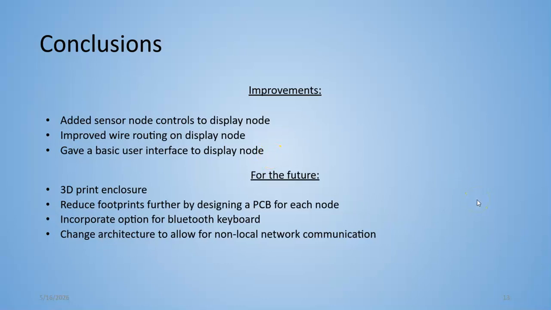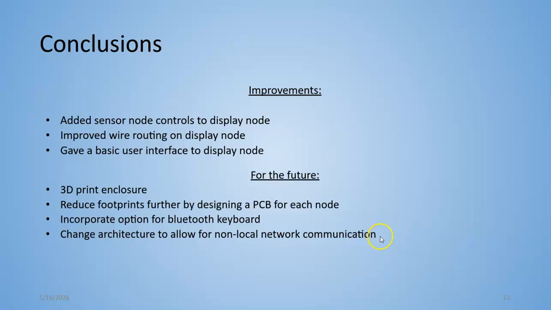Now for the future, for I or somebody else possibly improving this design, a 3D printed enclosure could be created. We could reduce the footprints further by designing a PCB for each node, and we could incorporate an option for a Bluetooth keyboard, which goes hand in hand with changing the architecture to allow for non-local network communication.